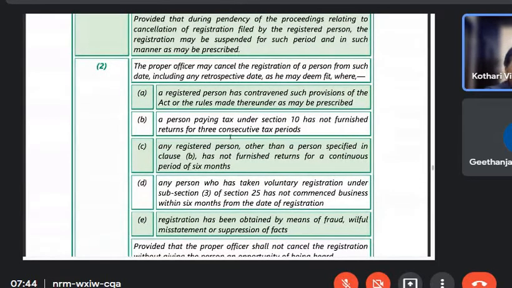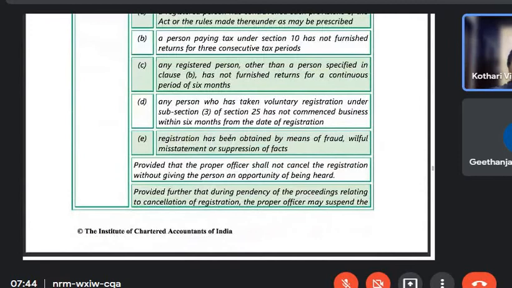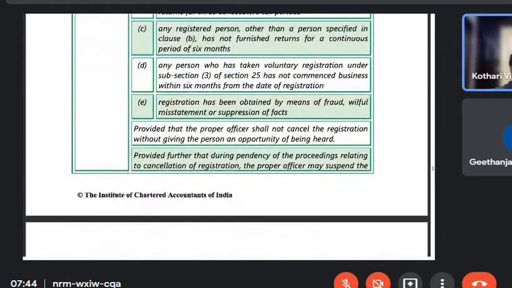If he has contravened the provisions; if under section 10 he has not filed the return for 3 consecutive tax periods; if any other registered person has not filed the return for a continuous 6 months; a voluntary registration that has not started business for 6 months from the date of registration; or registration obtained by way of willful misstatement or fraud. If the proper officer is cancelling the registration, he has to give an opportunity of being heard, asking why he should not cancel.